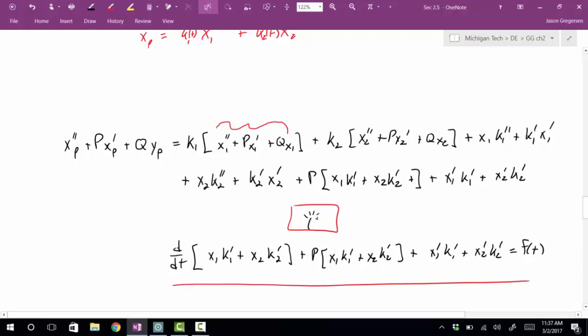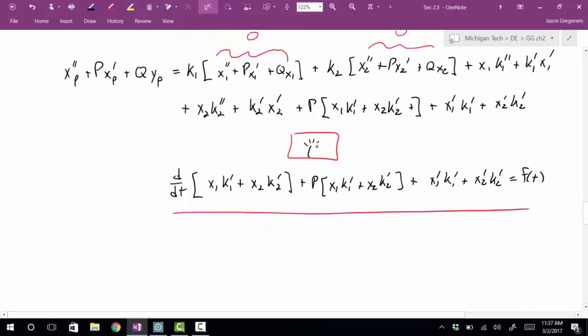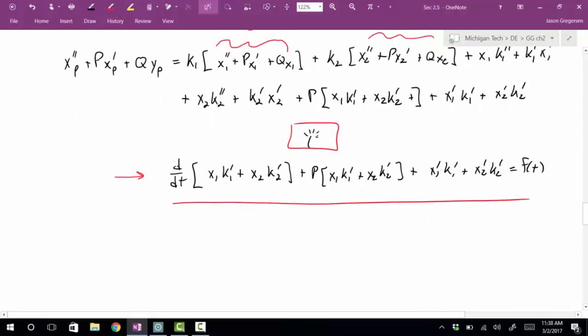That looks like the left-hand side of the differential equation, right? But if I plug x1 into that left-hand side, what do I get? 0, because x1 is a solution to the homogeneous problem. So I can recognize that as having to be 0. I can recognize this as having to be 0. Those pieces go away, algebra wand, I get left with this guy, right? Well, that really helps. All right, I get this guy.